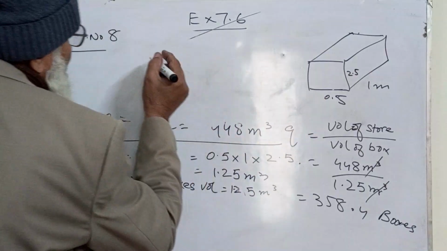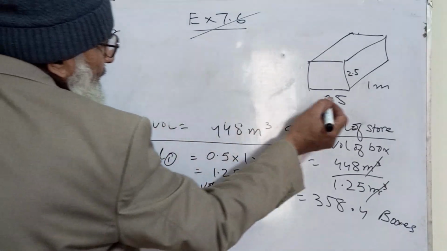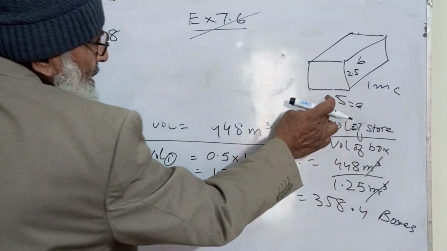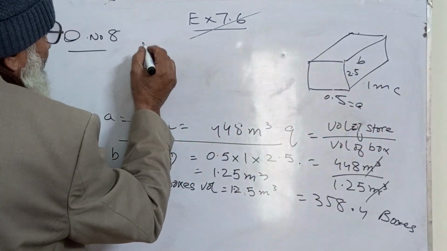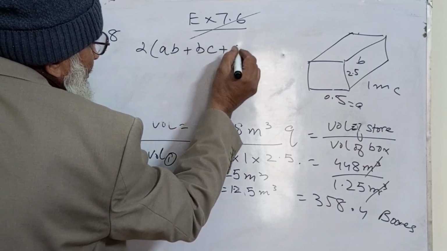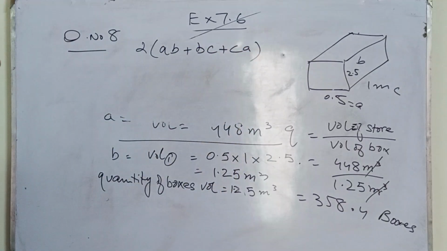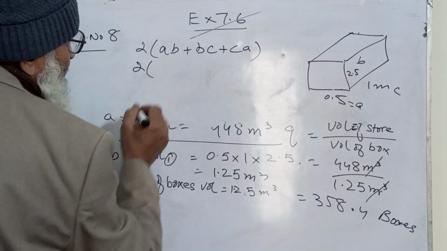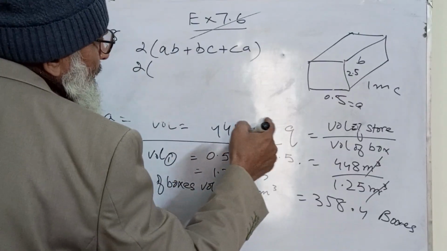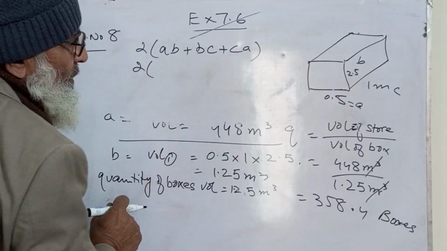Surface area of a cuboid, I told you already about it. Just assign the names A, B, and C to the dimensions. This is A, this is B, this is C. It will become 2 times AB plus BC plus CA. All the dimensions will be multiplied with each other, and then they will be added together.